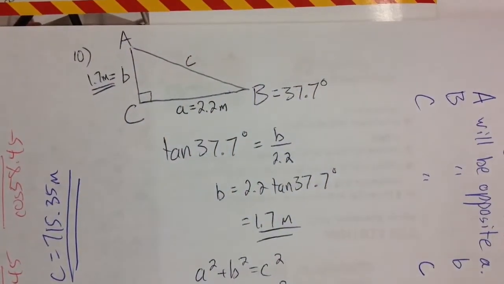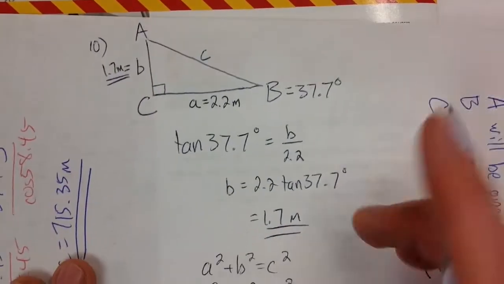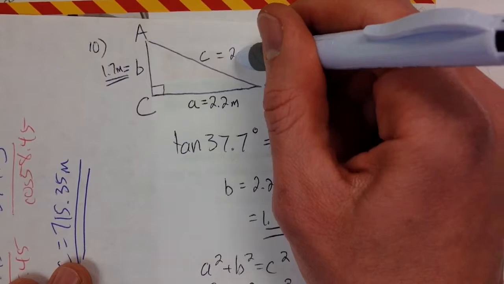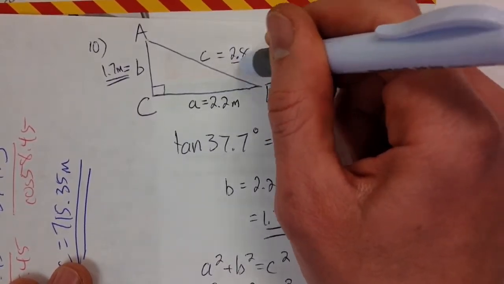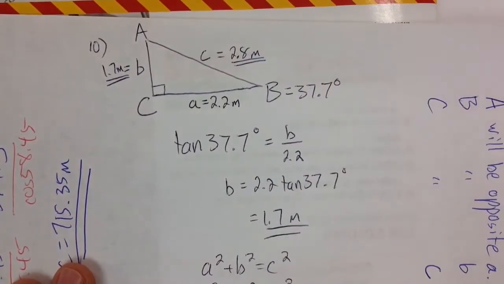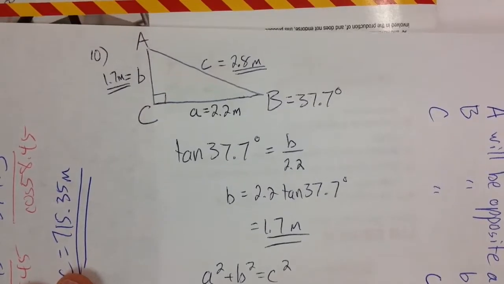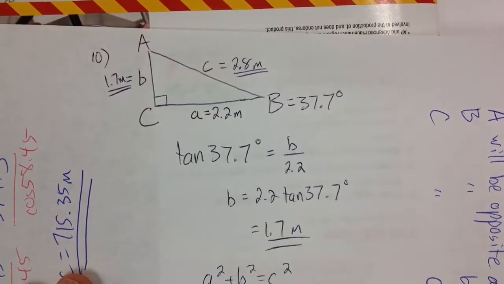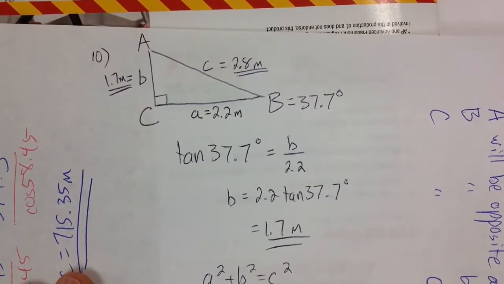Now, Vicky, how can we find the last piece of this puzzle? To find Angle A. Sorry, I solved it and then I circled the right answer.